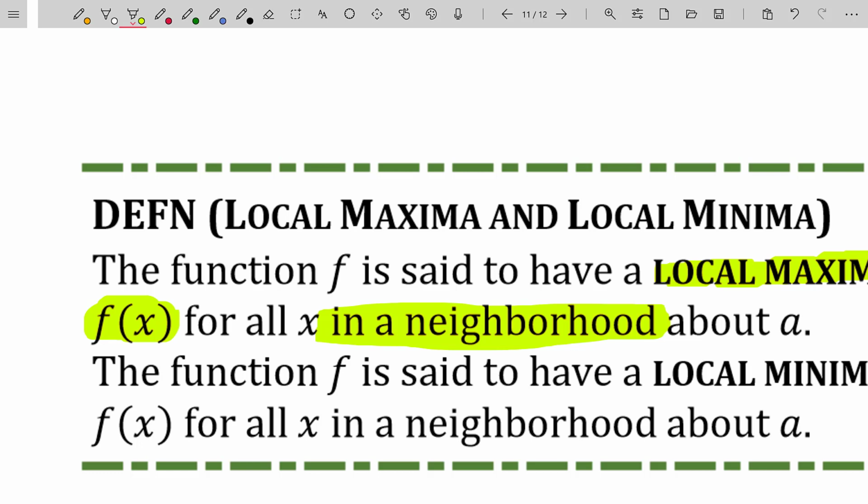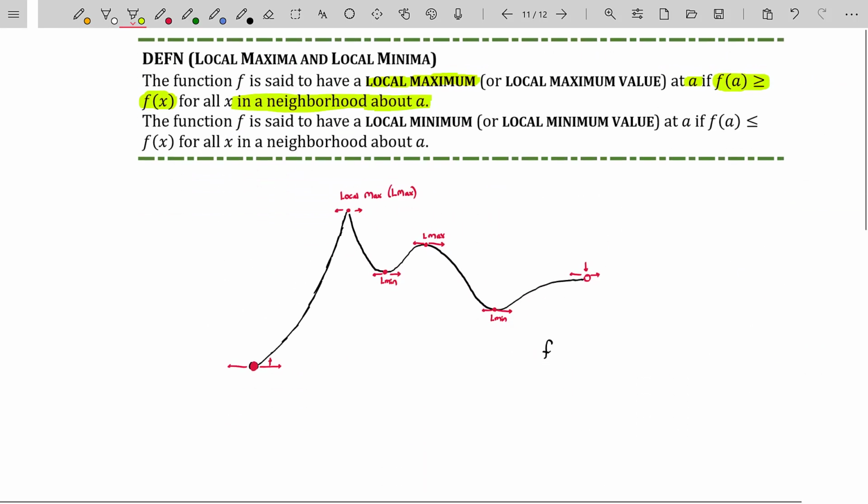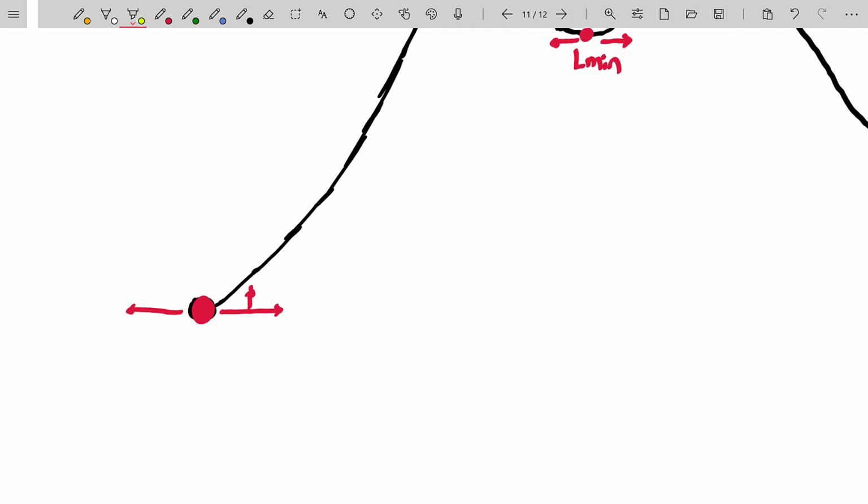That word neighborhood about a means that you have some open interval centered at a. Not only is it an open interval centered at a, but the function exists on that open interval centered at a on both sides. That's the critical piece. So, bringing it down here, if you take a look at the function, our function does not exist on the left-hand side of this point.